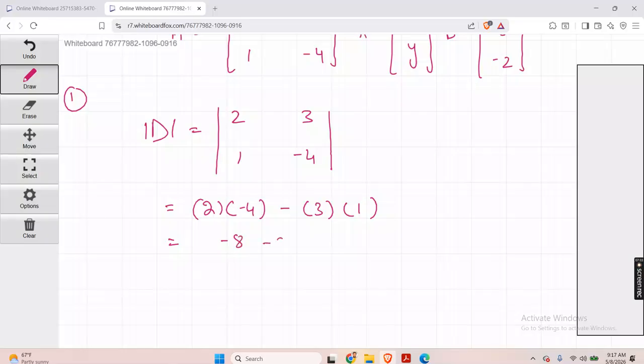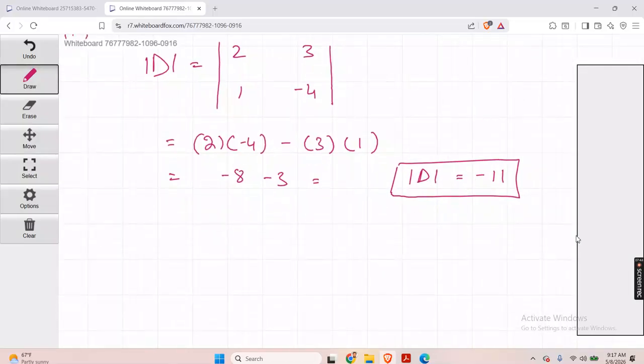So we have minus 8 minus 3, which is equal to minus 11. This is our determinant. Now, second one, dx1.